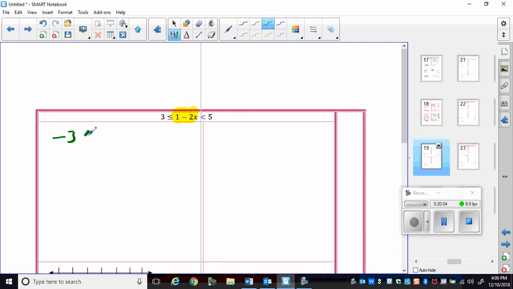So negative 3 is less than or equal to 1 minus 2x on this side. Then 1 minus 2x, there's a negative there, so we've got to be careful. It's less than 5, right? Okay.